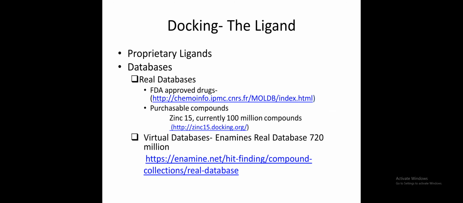FDA-approved drugs. This is a fairly useful one to utilize, just in the sense of looking, for example, for off-target effects. There may be existing drugs that are out there. You have now come up with the idea that your compound may bind to myeloperoxidase, for example, or some other enzyme of note.